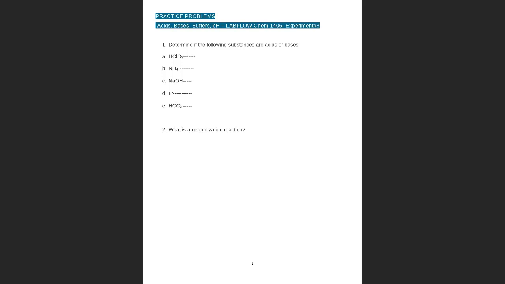the first practice. Determine if the following substances are acids or bases. You can actually send me a message. 1A. What do you think is 1A? It's called perchloric acid.